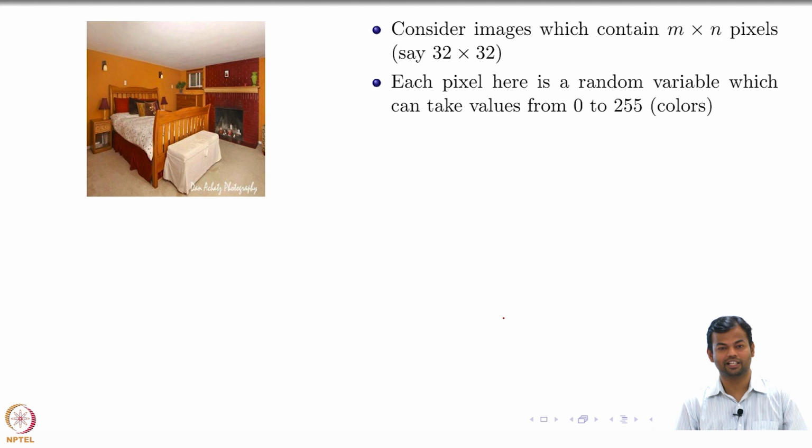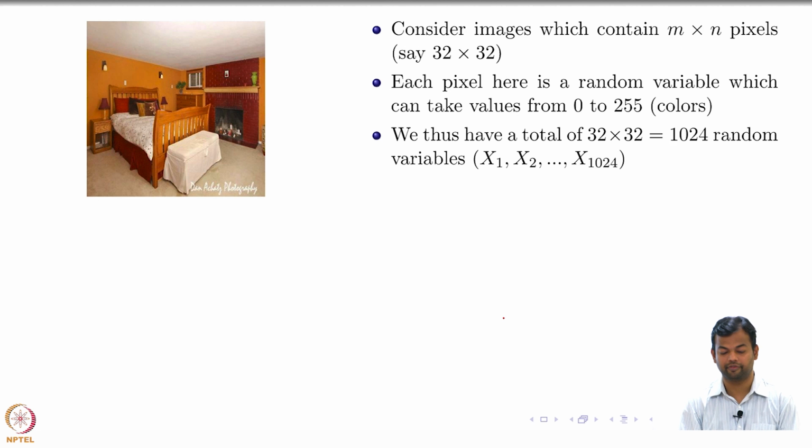Each pixel here is a random variable which can take values from 0 to 255. So instead of that binary case, each pixel takes on values from 0 to 255. And we have a total of 1024 random variables in this case: x1, x2 up to x1024.